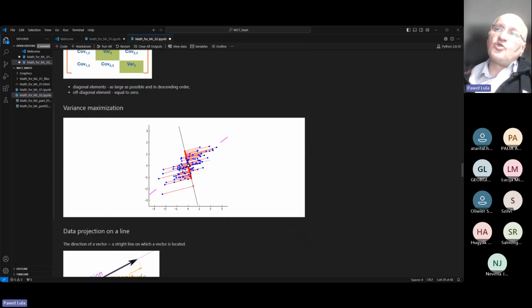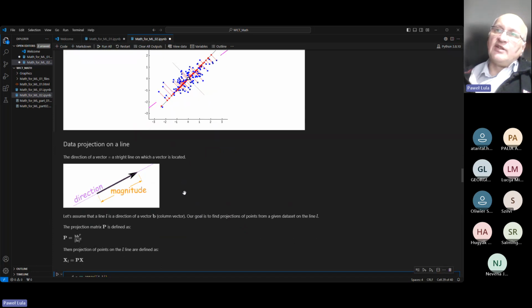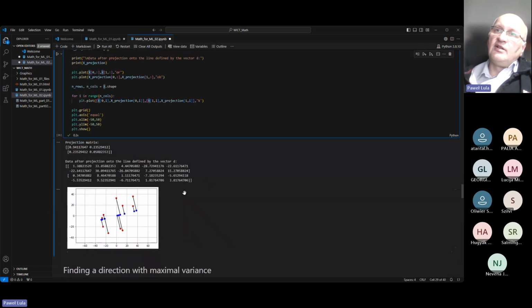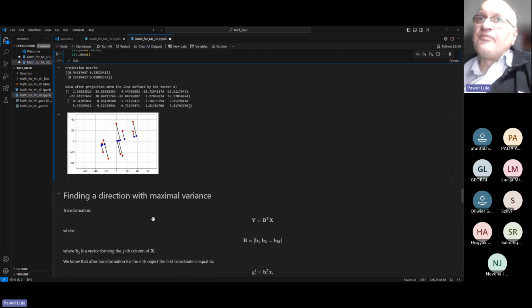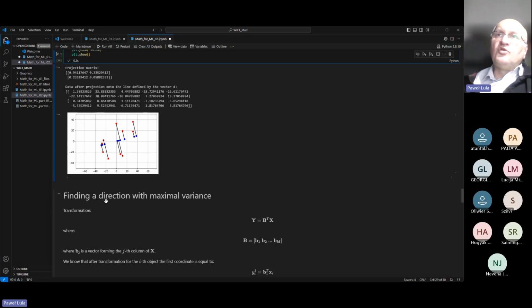I know that I should find the position in such a way that the direction of this vector will be a direction for which the variance will be maximal. So I'm going to find a direction with maximal variance. It is my goal, because I'm going to find the position for the first axis.